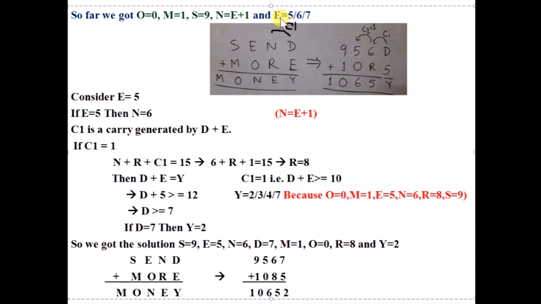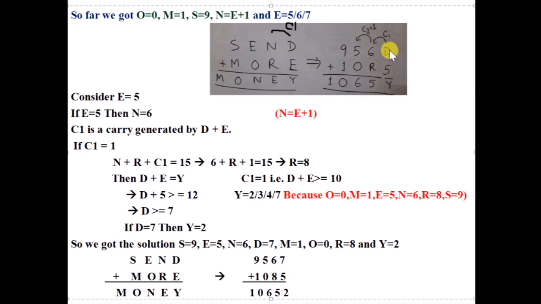Now consider E equals 5. If E equals 5, then N equals E plus 1, that is 6. N plus R plus C1 generates a carry C2. It means 6 plus R plus C1 equals 15, which implies R equals 8.